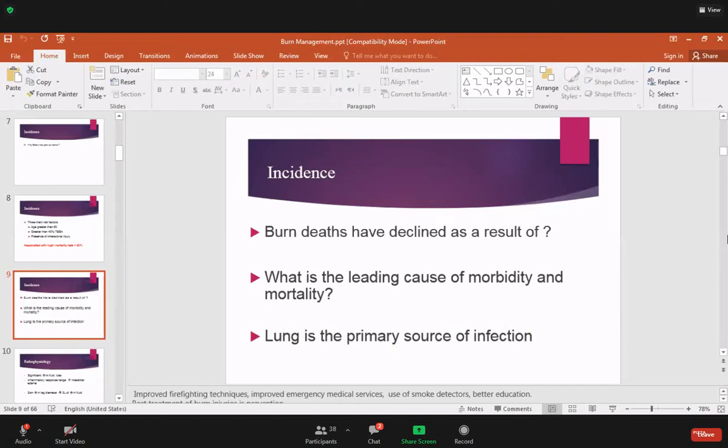They destroy the grafts if you have put grafts on the skin, and they are the factors that lead to sepsis and septicemia, and they are the major causes of death in these patients. Second, apart from the skin, there is another primary source of infection, that is the lung. Inhalational injuries also affect the lung, and the lung is also one of the primary sources of infection in these patients.